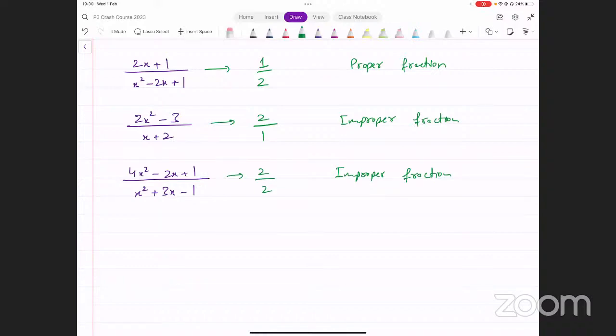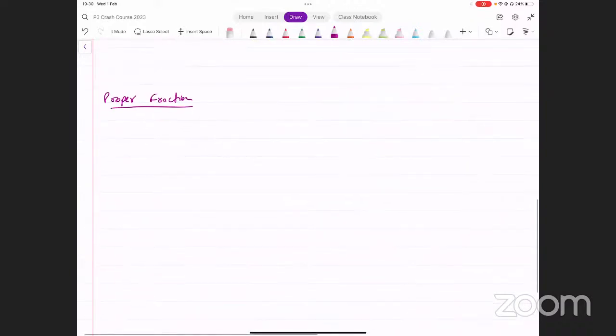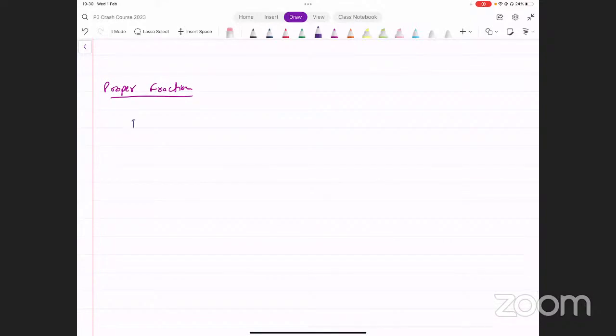All right. So let me simplify this now. When do you have a proper fraction? A proper fraction is going to be when the degree of the numerator is less than the degree of the denominator.